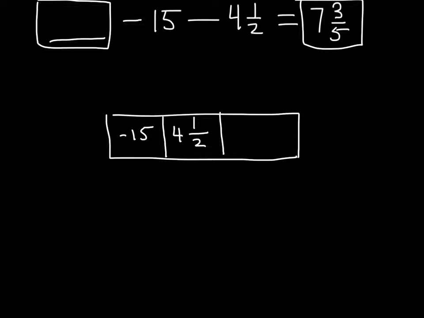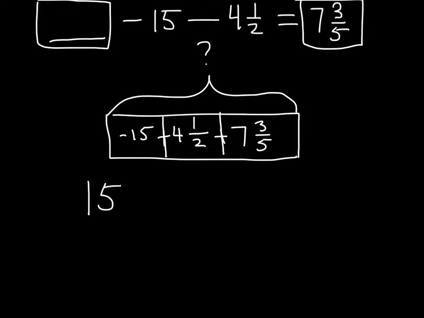And the other part, the part that's left over after I take those away from the whole, is 7 3/5. The thing that I don't know is the whole, the number that I started out with. So now you can see that I have to add 15 plus 4.5 plus 7 3/5, and then I can find out what the whole is.